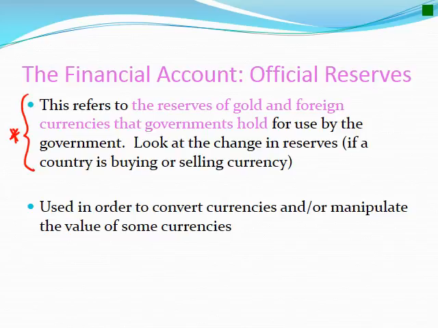So look at the change in reserves if a country is buying or selling currency, just as an example. What happens when it goes into the official reserves is, even though it's within that given country, it is considered as if you were buying up assets of another country, because you're taking that other country's currency, putting it into your reserves, out of circulation of the economy, and holding on to it like an asset. So it's part of the financial account.